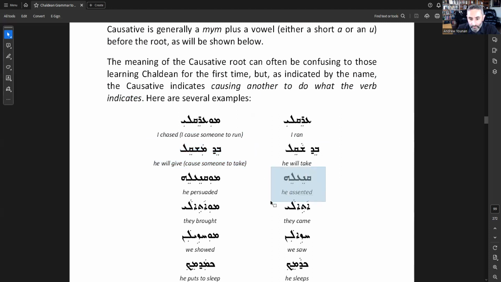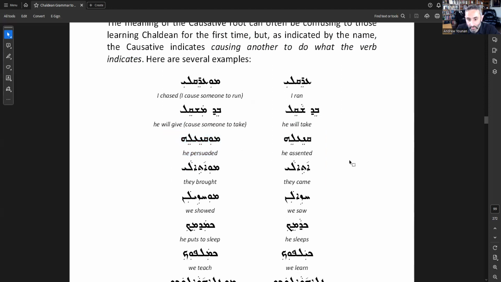Qana'ala, he assented. He agreed, he assented. Muqna'ala, he persuaded. To persuade, muqna'ala means you made somebody assent. I convinced somebody, I persuaded somebody. Muqna'ala means I caused somebody to agree. Thele, they came.